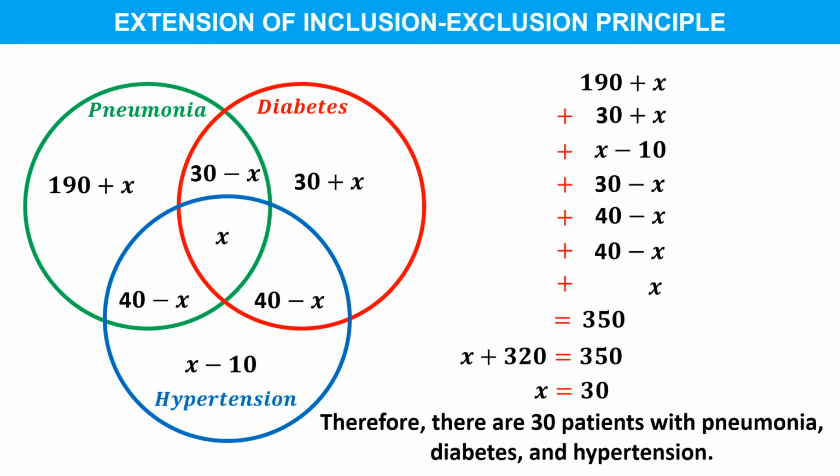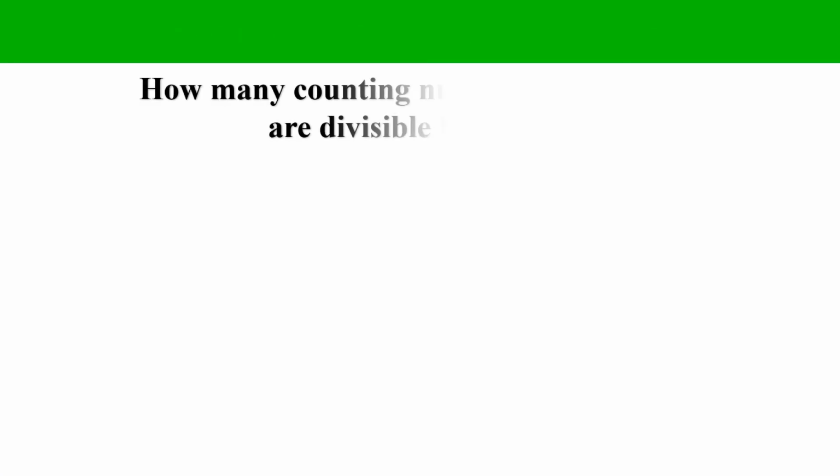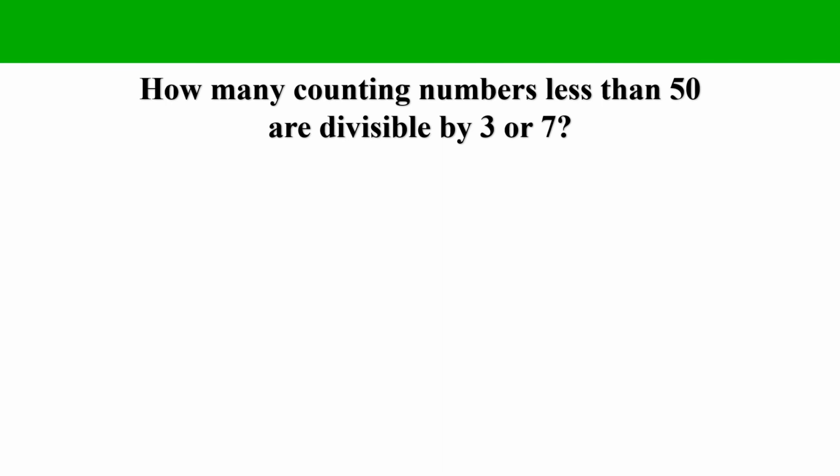Again, I encourage you to verify the results. Now, try this. How many counting numbers less than 50 are divisible by 3 or 7?